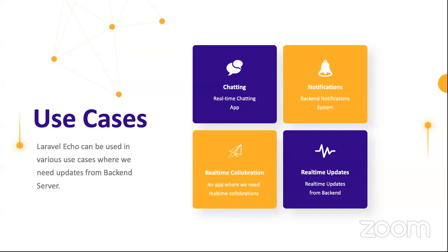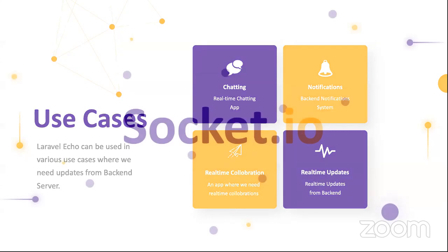Those are the use cases where you can use Laravel Echo or Laravel Broadcasting, where you need updates from the server to the browser. Otherwise, what we generally do in PHP is call an API from the browser to the server, but the server never sends any information back to us whenever something happens on the server. So these are some use cases that we can build.